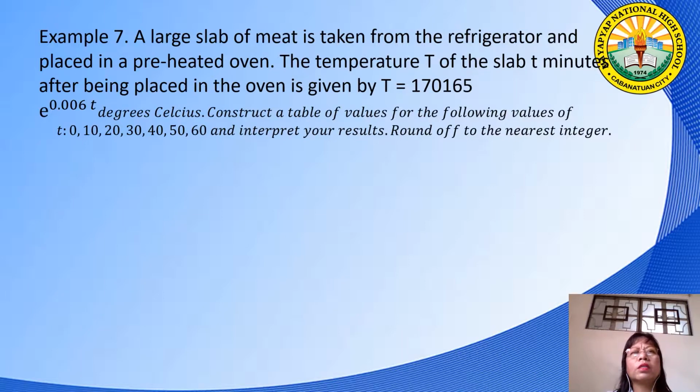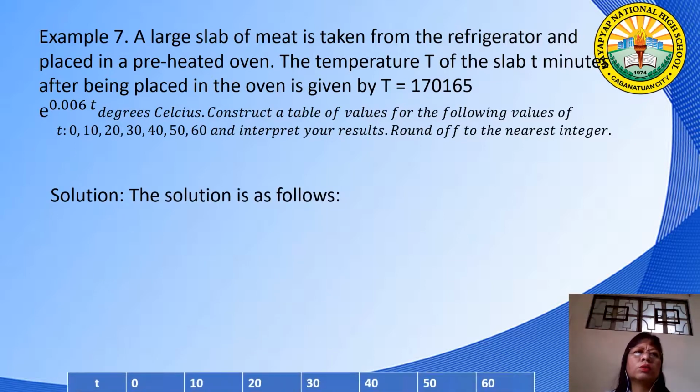Construct a table of values for the following values of t: 0, 10, 20, 30, 40, 50, and 60. Then interpret your result. Round off to the nearest integer.